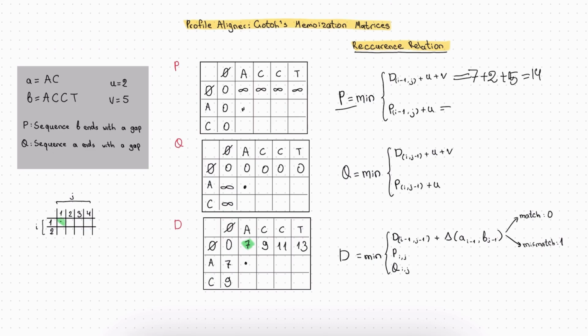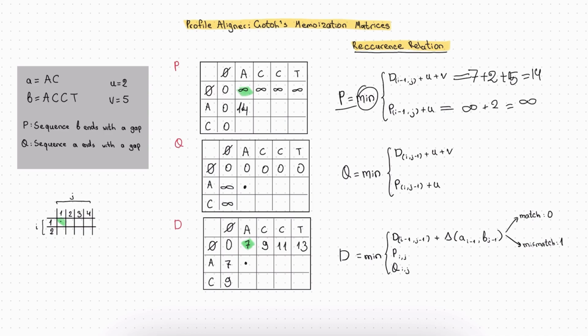Now, for the second line, we are also referring to the cell above, but in matrix P, and we have infinity plus 2, which is infinity. Note that we want to find the minimum of these two, and this is because we are trying to minimize the distance between the two sequences. So, of course, 14 is less than infinity, therefore we will put 14 in this cell.